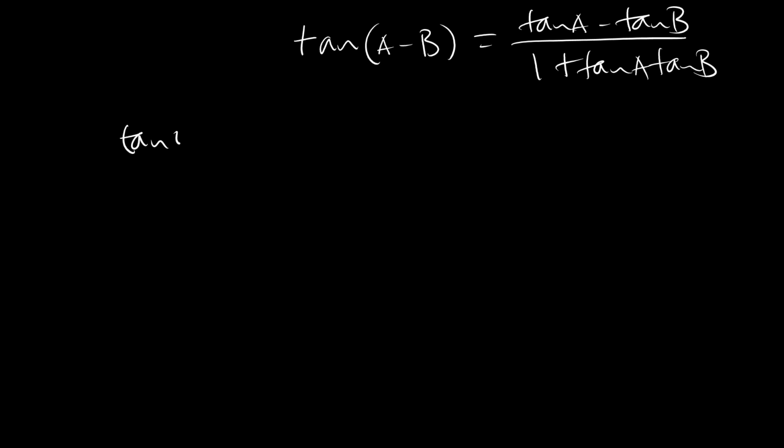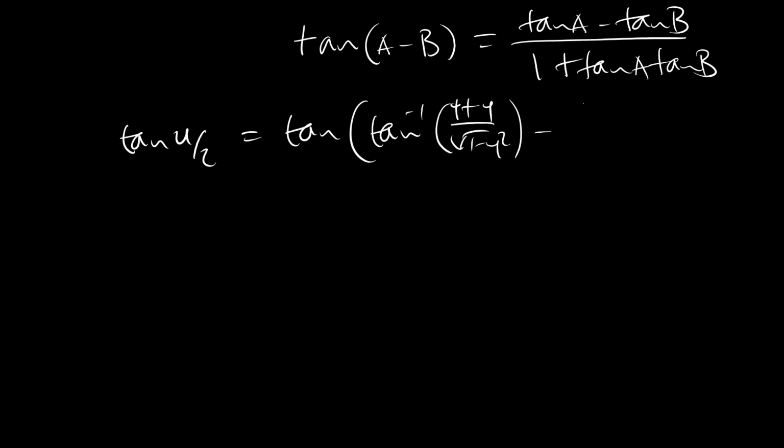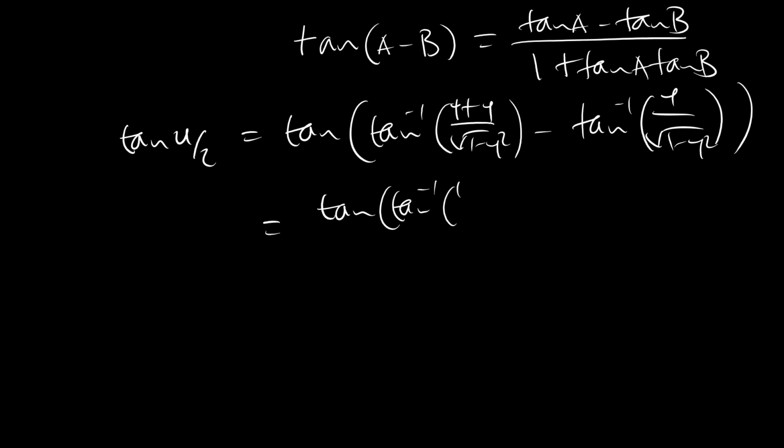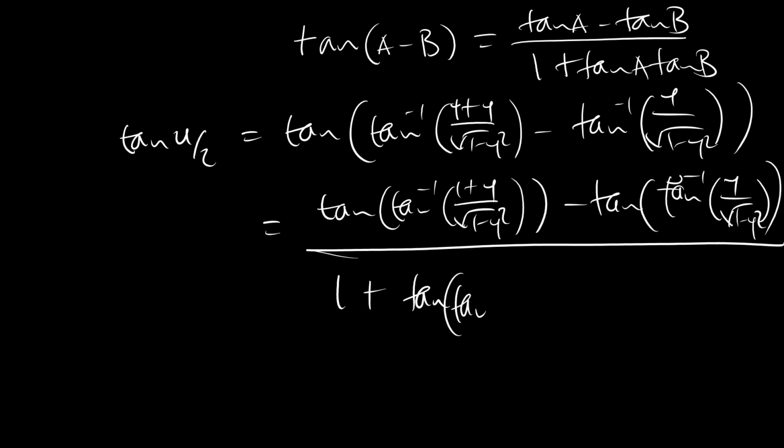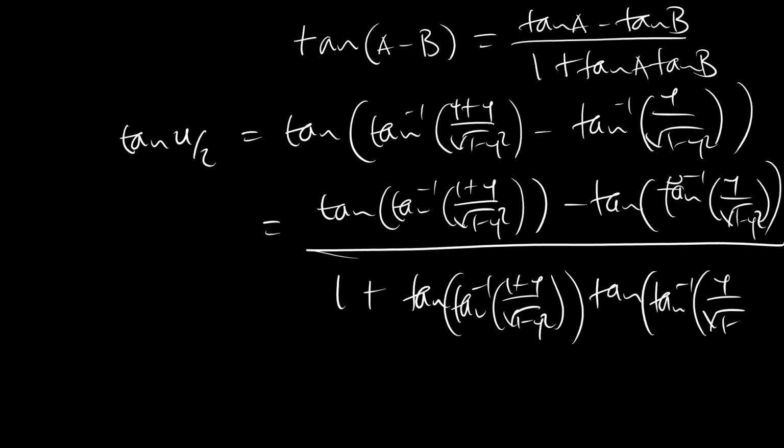So since tangent of u over 2 is equal to tangent of the arctangent of (1 plus y) over the square root of 1 minus y squared minus the arctangent of y over the square root of 1 minus y squared, this means it is the same as tangent of the arctangent of (1 plus y) over the square root of 1 minus y squared, minus tangent of the arctangent of y over the square root of 1 minus y squared, over 1 plus the tangent of the arctangent of (1 plus y) over the square root of 1 minus y squared times the tangent of the arctangent of y over the square root of 1 minus y squared.